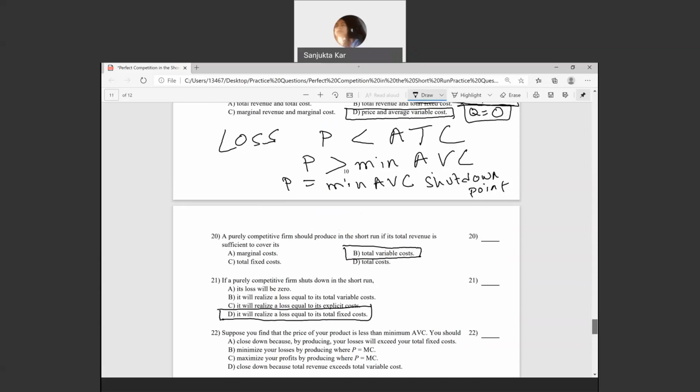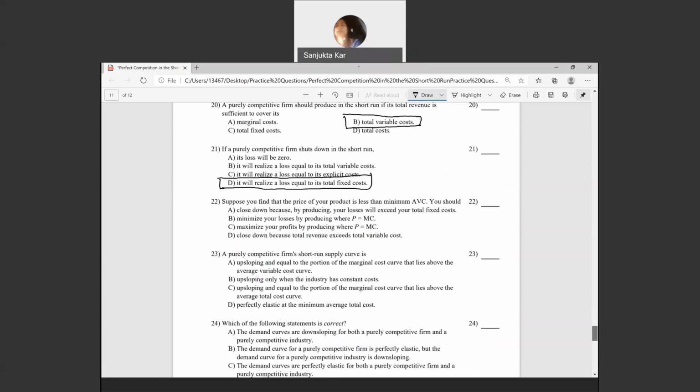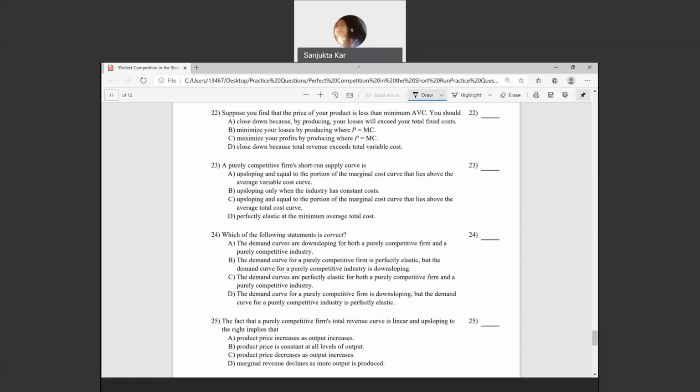Now let's go to question number 22. It says, suppose that you find a price of your product less than minimum average variable cost. Here I'm going to shut down or close down, because if I produce, my losses will be greater than total fixed cost of production.